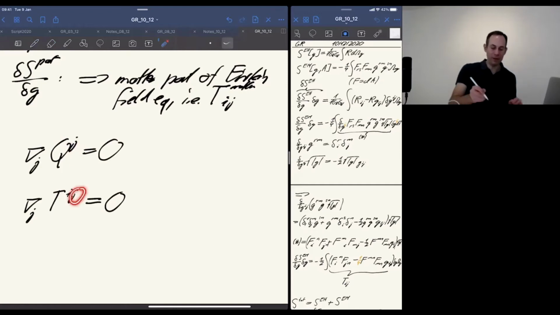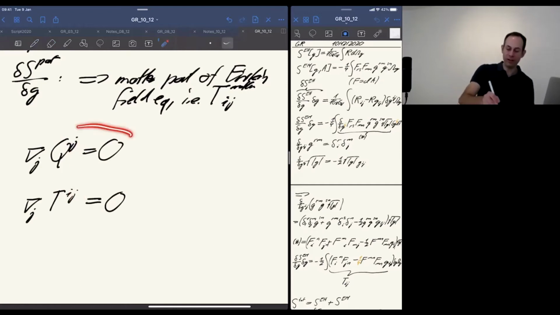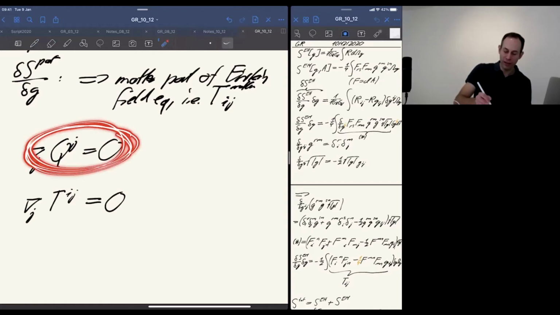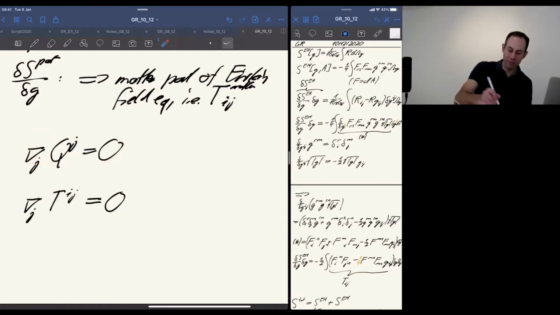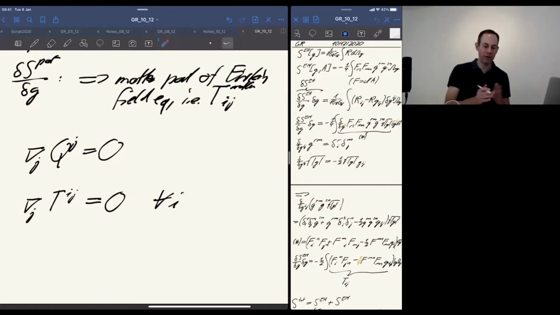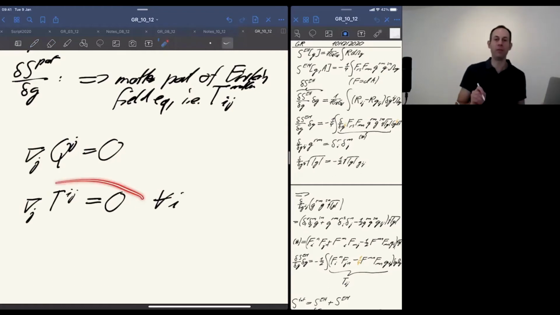So this tells you that essentially current, or charge, is conserved. This tells you for each I, because that's true for any I, that the corresponding quantity is conserved. So these are actually 4 equations. The first one tells you energy is conserved, and the others tell you that momentum is conserved.